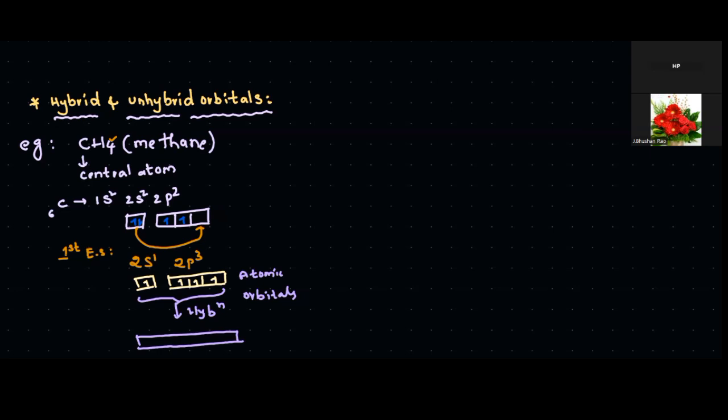Each hybrid orbital has 1 unpaired electron, totally 4 unpaired electrons in the hybrid orbitals. Each one is sp3 hybrid. Totally 4 hybrid orbitals, 4 sp3 hybrid orbitals. These are the 4 hybrid orbitals formed in carbon.